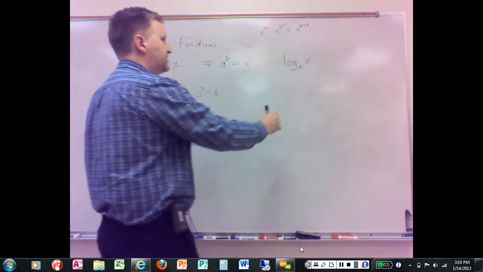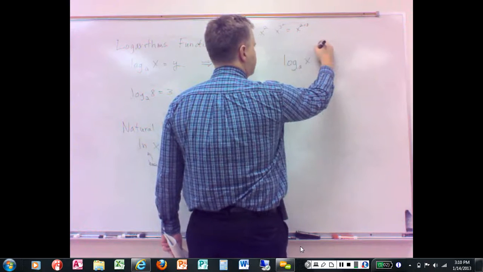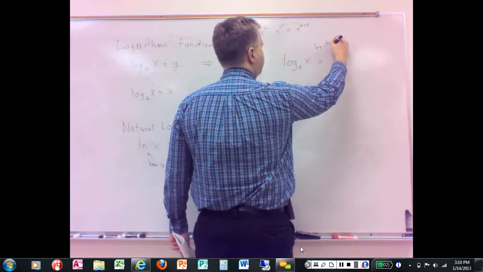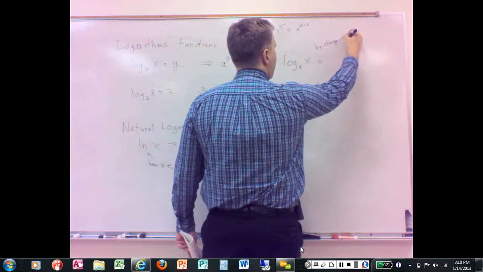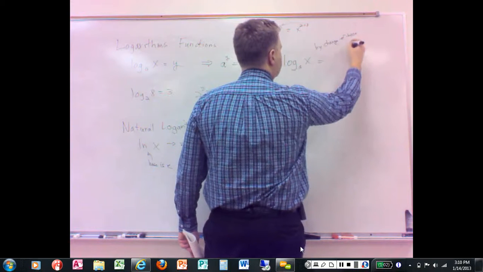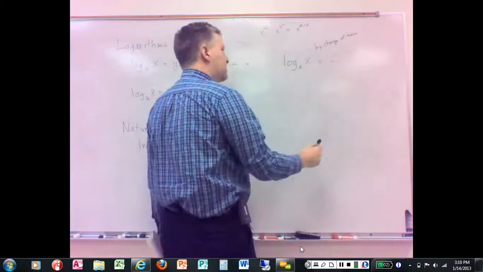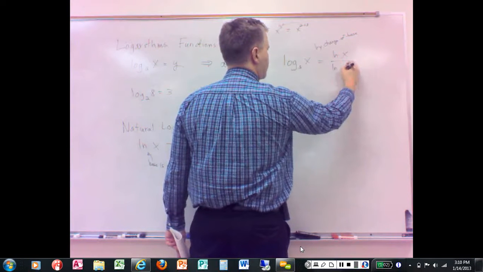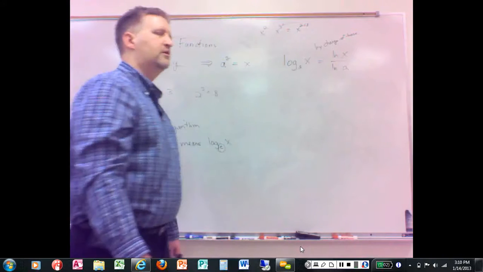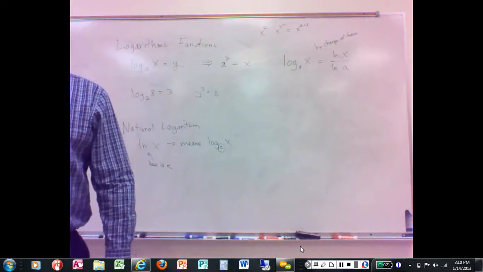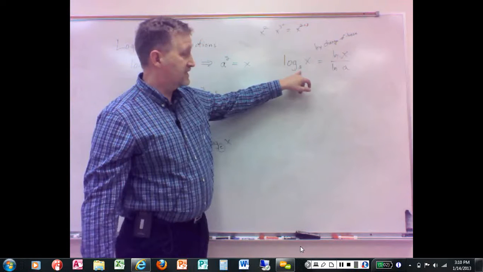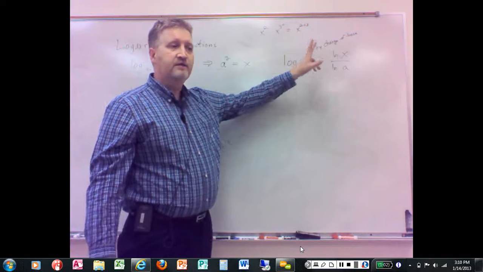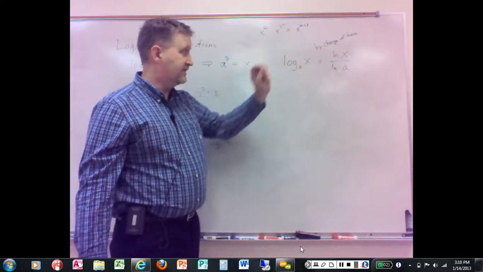It's by the change of base theorem. I can say the logarithm base a of x is the natural logarithm of x divided by the natural logarithm of a. Hence, changing from logarithm base a to logarithm base e, the natural logarithm.